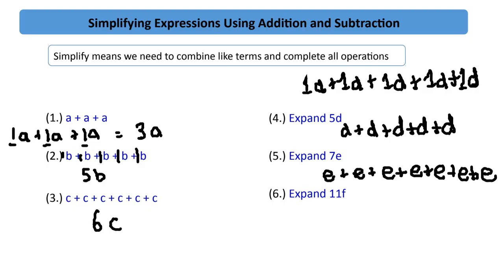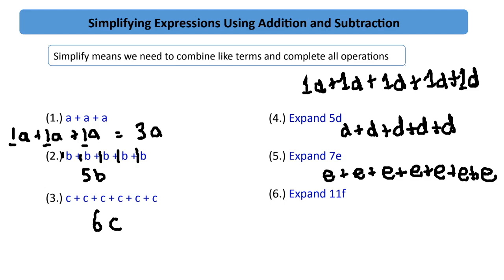That's not wrong. As you go through this, the more comfortable you get with it, you'll notice you stop writing ones too, just to save yourself time. So expand 11f, I'm not going to do this one, but you're going to write f 11 times, right? So I think we get the point here. So that's our simple simplifying and combining like terms.